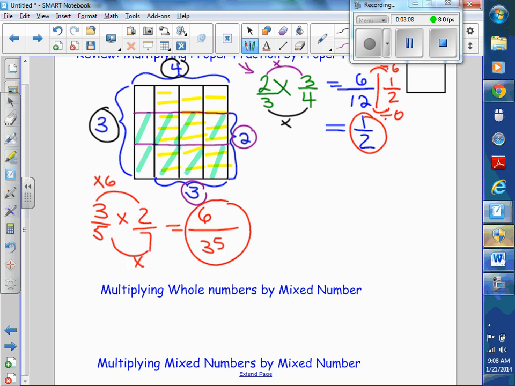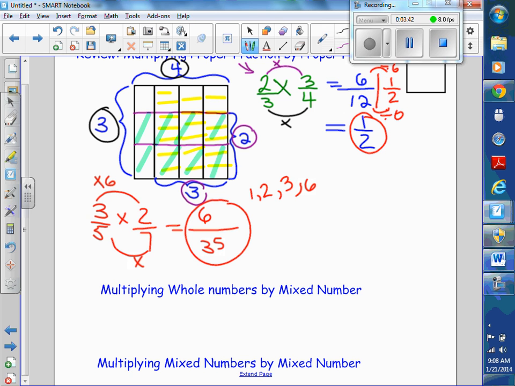Because the only thing that goes into 6 is, well, 1 goes into both. 2, 35 is not even. 3, remember the trick if you add the digits? 3 plus 5 is 8. 3 doesn't go into 8, so 3 doesn't go into 35. Or you might just think, 3 goes into 30, and it goes into 33, and it goes into 36. It skips right over 35. So they have no common factors. 6 does not go into 35 because 6 times 5 is 30, and 6 times 6 is 36.